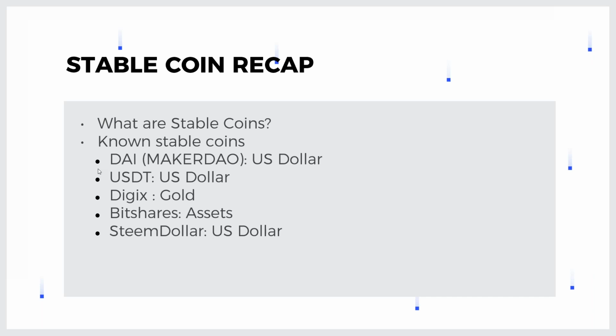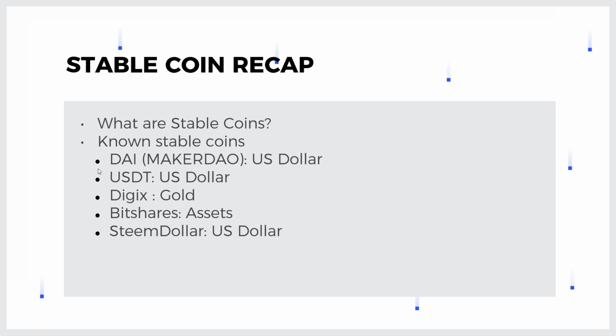But with DAI, we have something decentralized, something that is on the chain, and any person could go ahead and check the chain to verify the validity of MakerDAO's claims of having those assets. So we have some of the stablecoins listed, including DAI, Theta, DGX, BitShares, and Steem dollars, right?